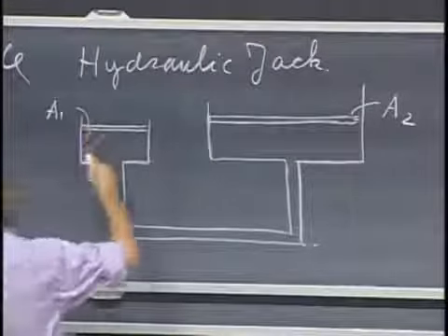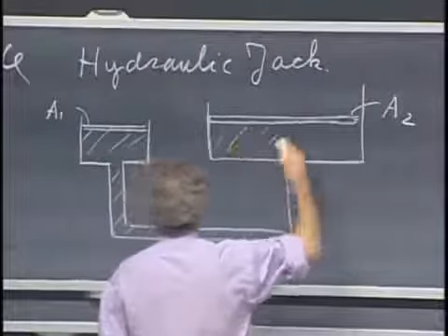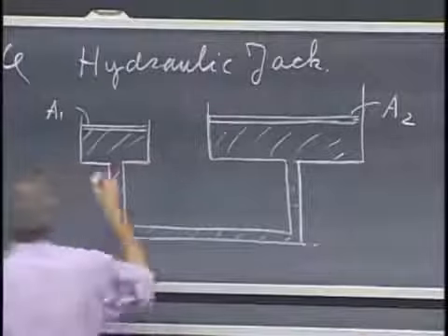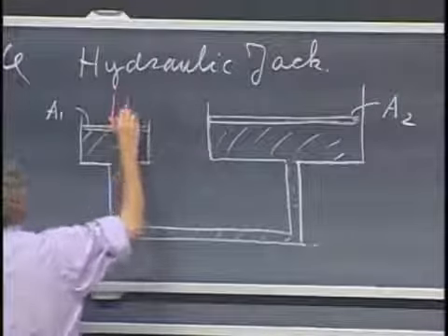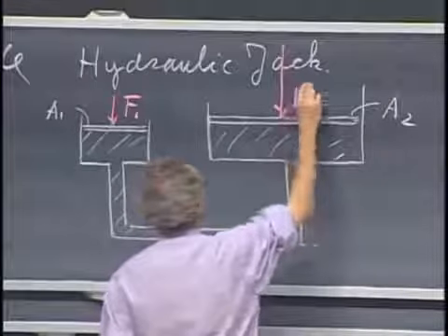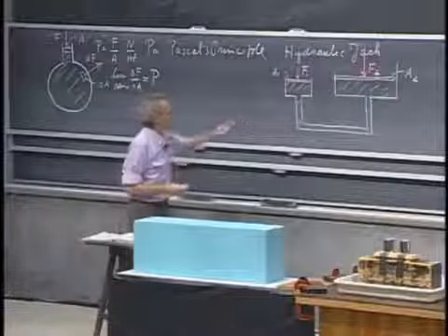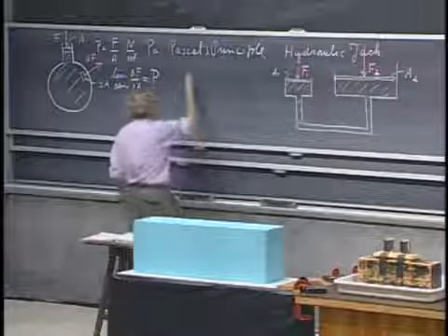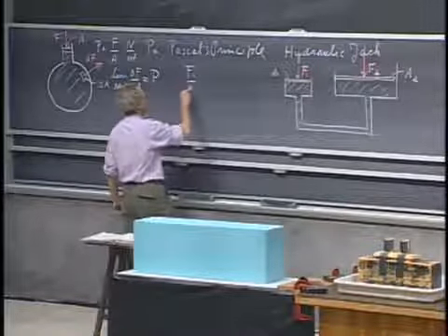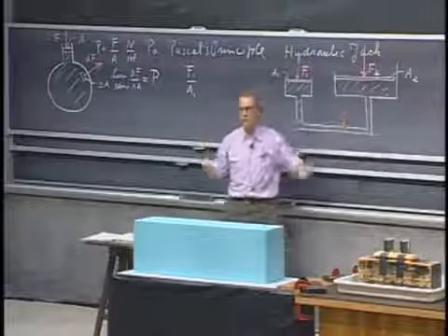It's filled with liquid everywhere, and I apply here a force F1, and here a force F2. So the pressure that I apply here is F1 divided by A1. So according to Pascal, everywhere in the fluid, that pressure must be the same.